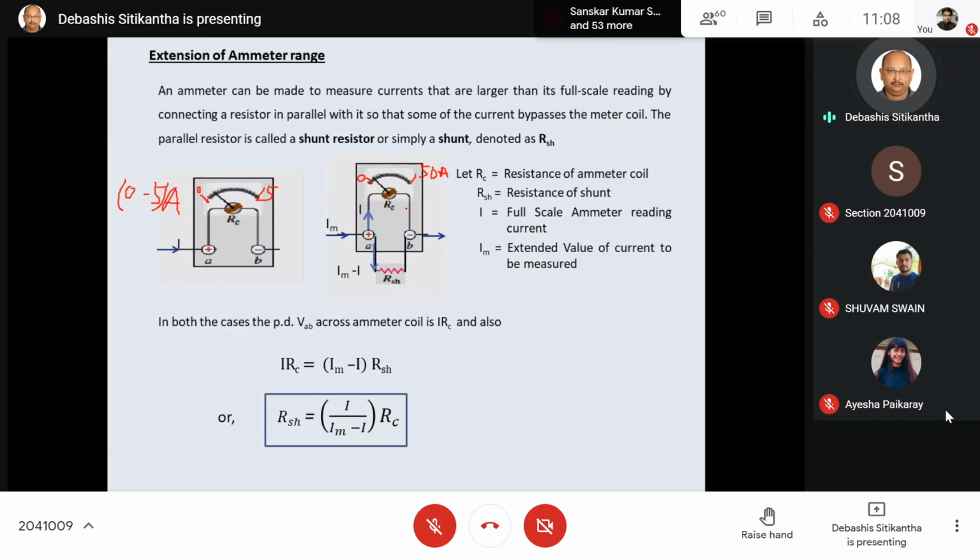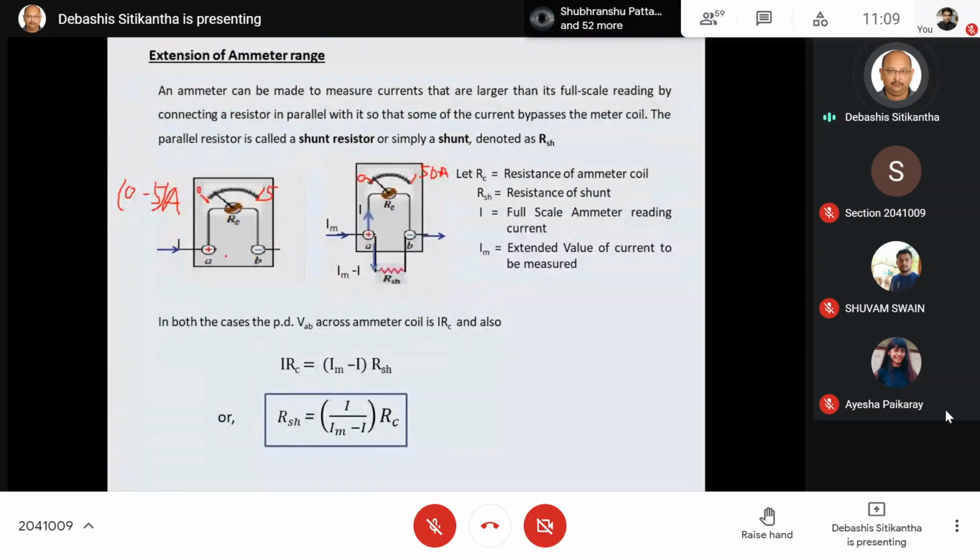Now, what modification should we make in the existing ammeter so that the range is extended? For this purpose, what we usually do is connect a shunt resistance in parallel across the coil of the ammeter.